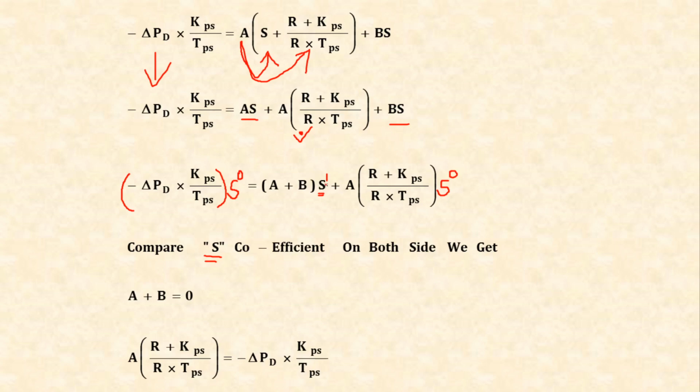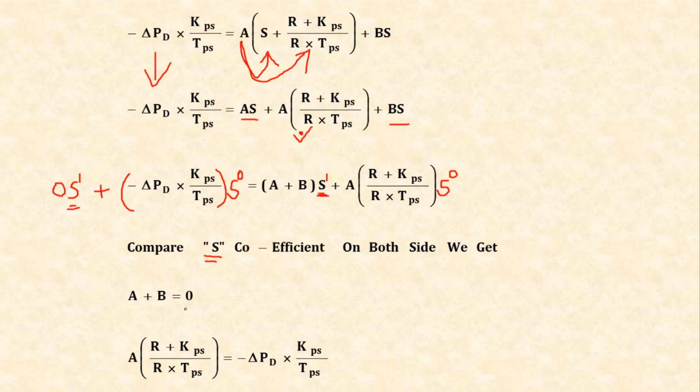So here there is a term of s raised to 1, and on the other side there is no term which contains s raised to 1. So again I can say that there is a term of s raised to 1 which has a coefficient of 0. Clear? So I can compare s raised to 1 with s raised to 1.